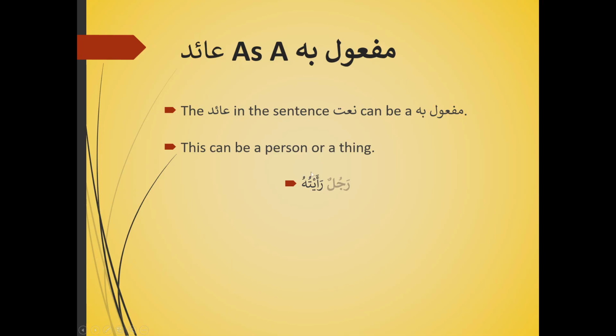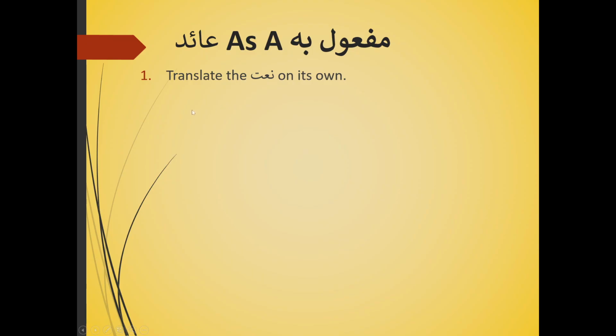We said that this is a case of a maf'ul bihi. Saw it or saw him in this case. Qalamun, I saw it in the case of the pen. Yeah, so same process that we do. Translate the na'tun first on its own. Yes, and that was I saw him in this case, the sentence. Yes, ra'aytuhu.